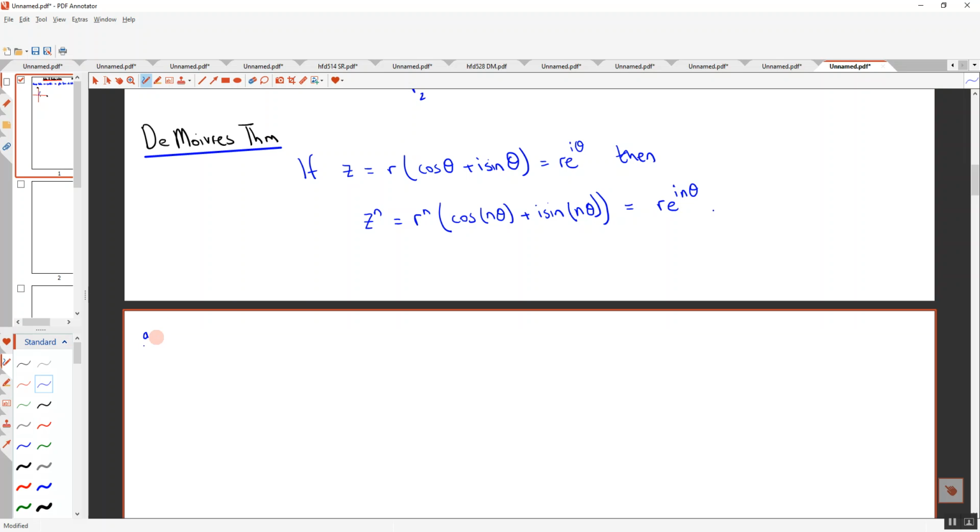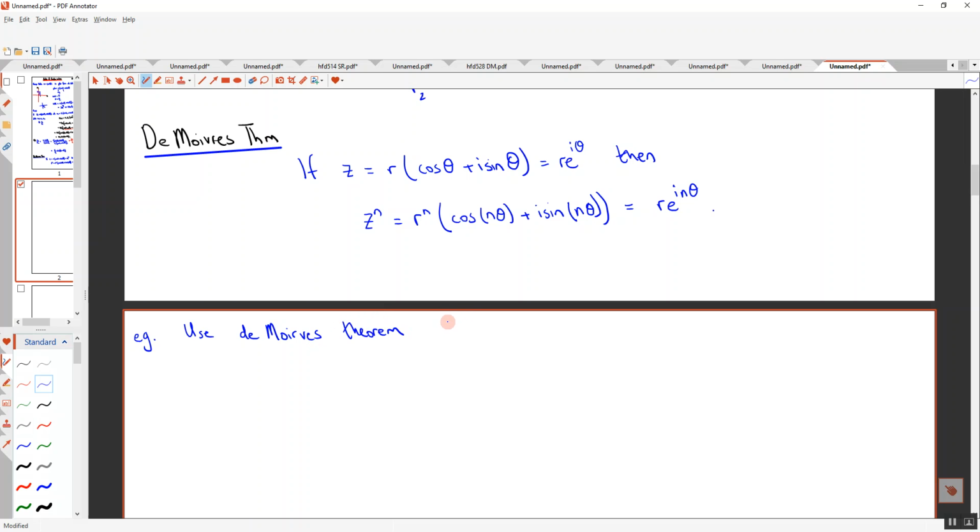And this type of thing is really common in exam questions. That's usually the last part in a complex numbers question if it's one of the final questions.